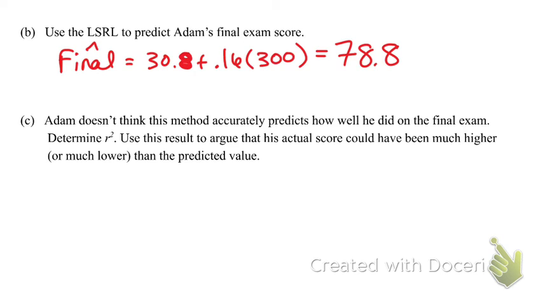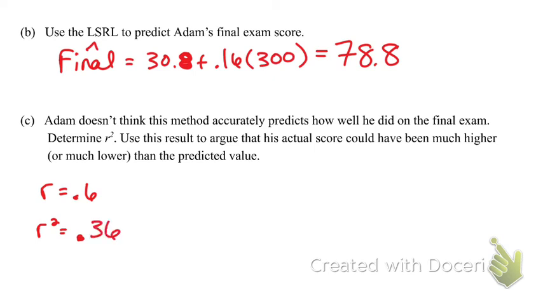So Adam is going to tell me, Miss Lakey, the R value was only 0.6. That's just moderate. And R squared is the percent of the predictions that are good. So, what is 0.6 squared? What's 6 squared, you guys? 36. Okay.